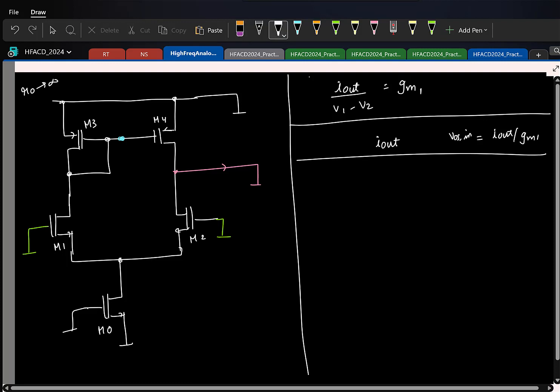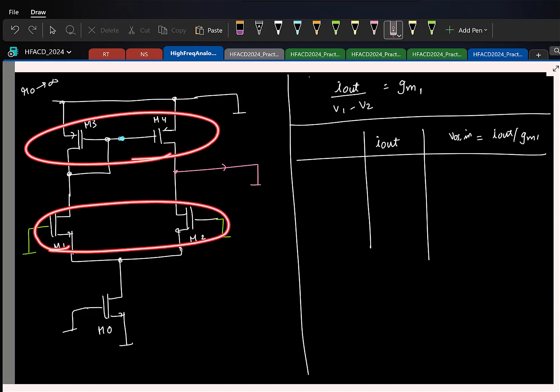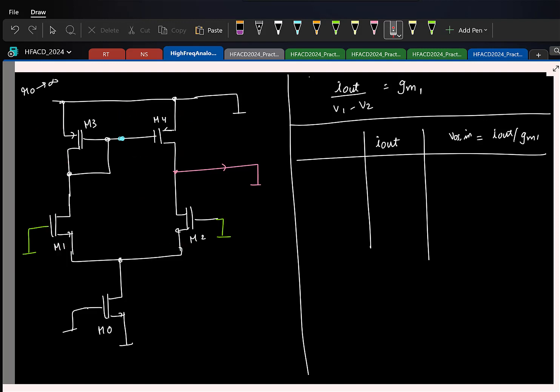You find the output short circuit current due to the mismatch in threshold voltages of this one and this one, divided by GM. So now we have two sources, mismatch in transistors M1 and M2, and mismatch in transistors M3 and M4. Already you know the threshold voltage mismatch in M1, M2 directly appears in your input referred offset. That is straightforward, don't have to worry.